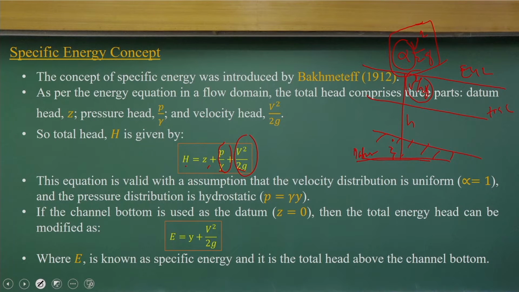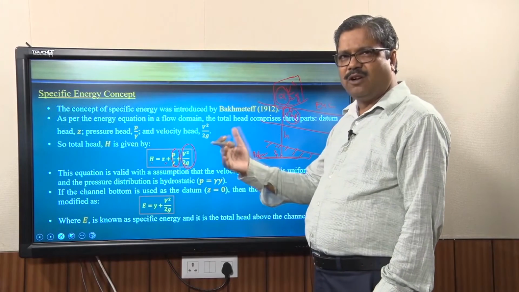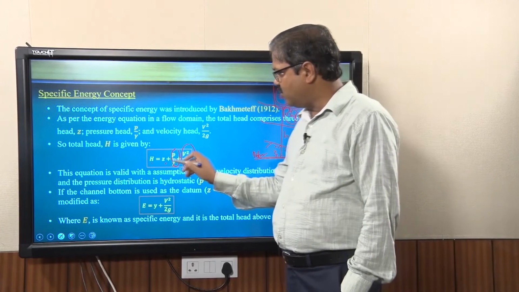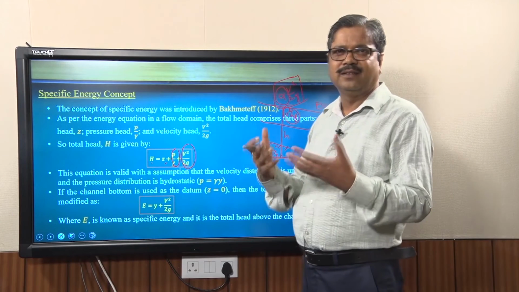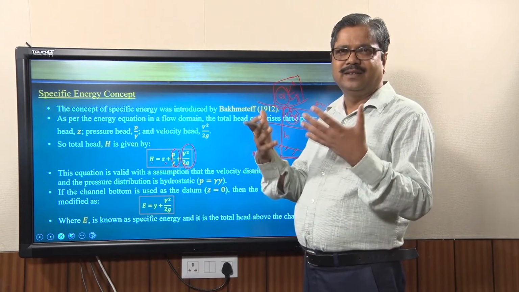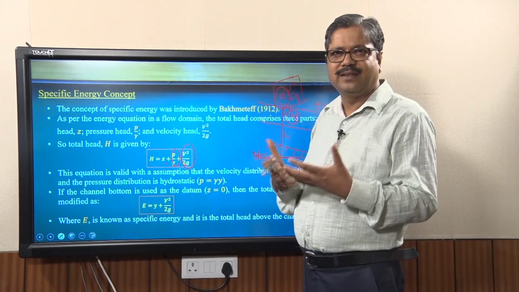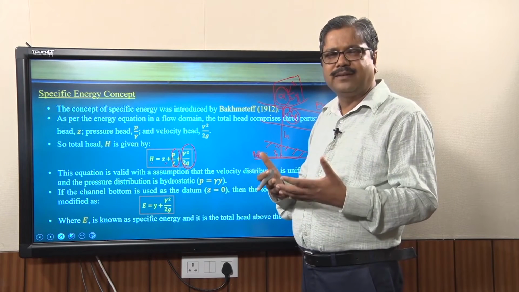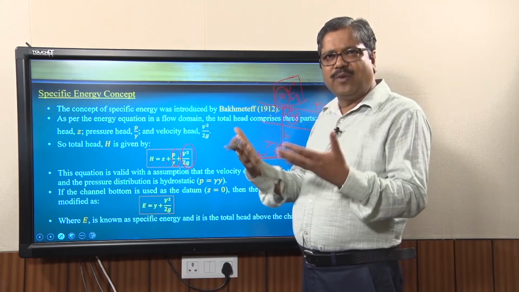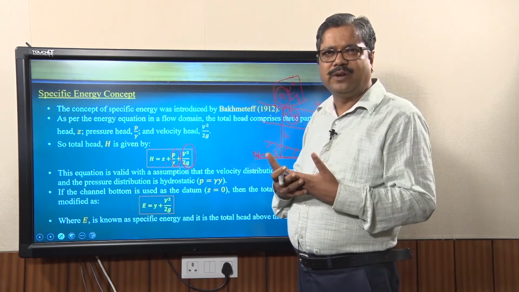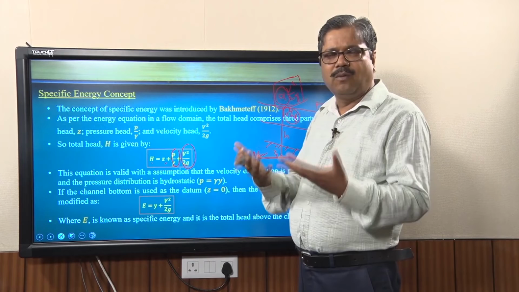So this is a very simple concept from fluid mechanics. That's the idea we have brought in: the total energy per unit weight, which is called the total head, has three components: potential energy, the flow energy, or the energy due to pressure per unit weight, and the kinetic energy per unit weight.